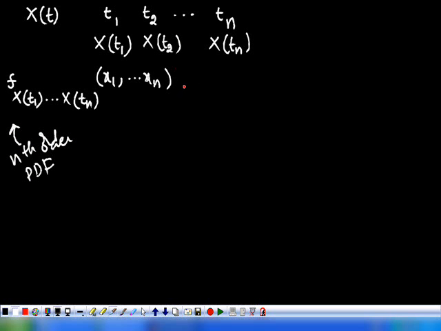So if this is equivalent to f X of t1 plus some t and so on, we are shifting the time by some constant amount.